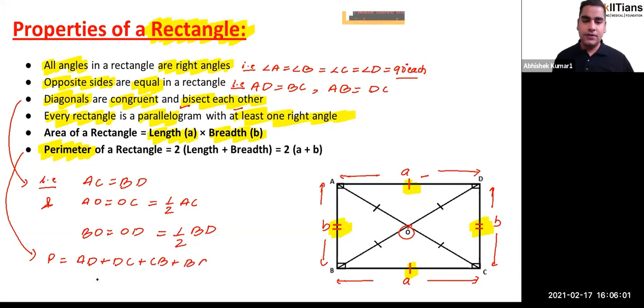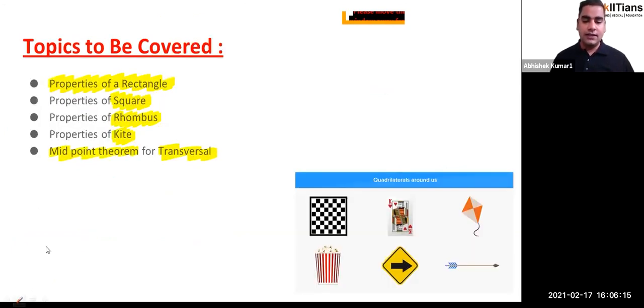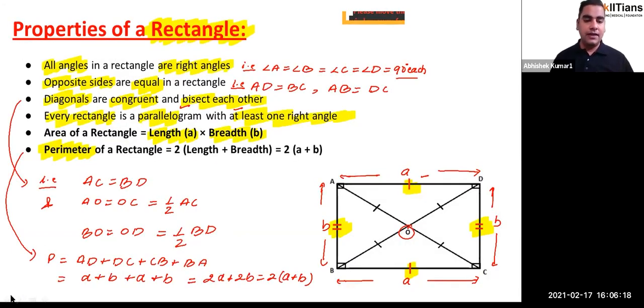If you substitute the values, you will get A plus B plus A plus B. So we have 2A and 2B respectively, right? You can take 2 common to simplify it. So you will get twice of A plus B. That is going to be the perimeter of the rectangle. So you can say the perimeter of the rectangle is always given by twice of length plus breadth.